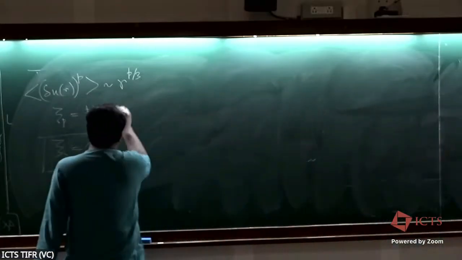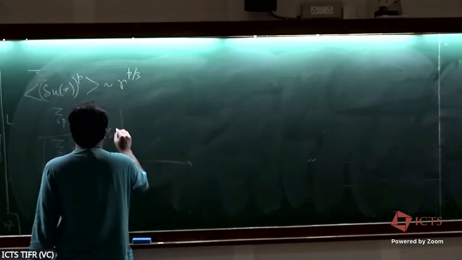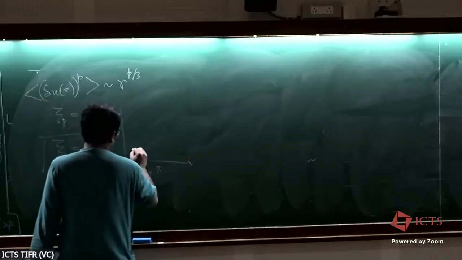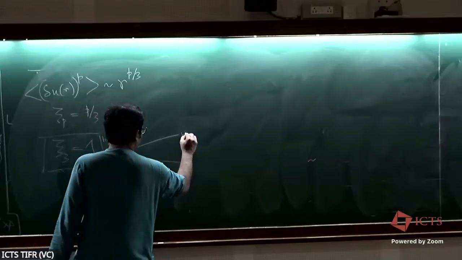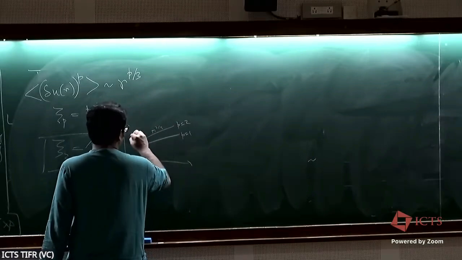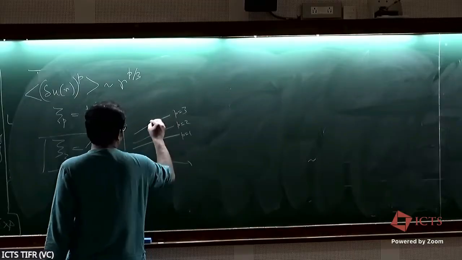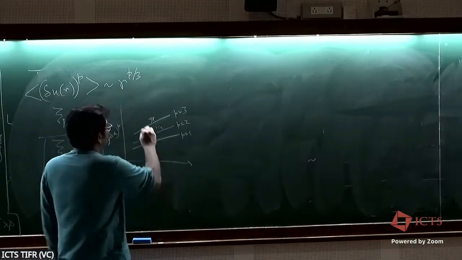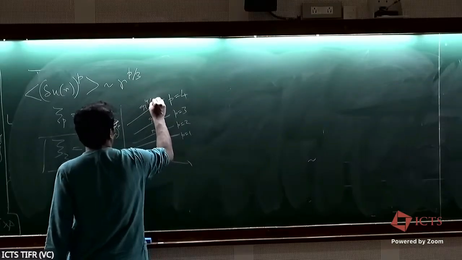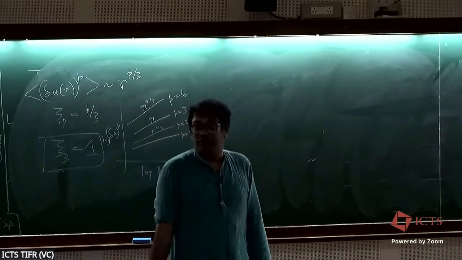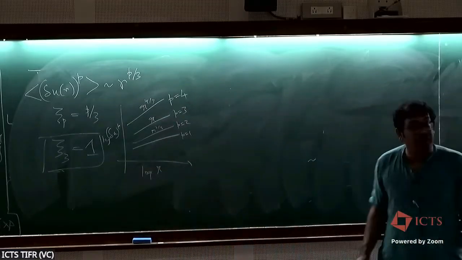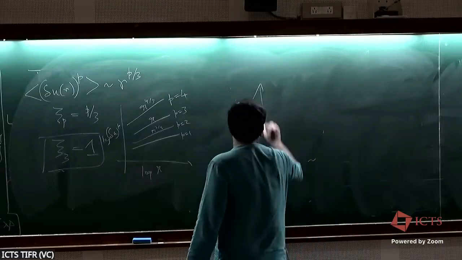So you take log-log plots of this versus r. Let's say this is p equal to 1, this is p equal to 2, which we said would go as r to the power 2/3. This is p equal to 3, which we said has to go as r, p equal to 4, which Kolmogorov tells us goes as r to the 4/3, and so on and so forth. But you need not believe Kolmogorov, you might as well calculate from fits, from experimental data. And when people did that, they found the following.